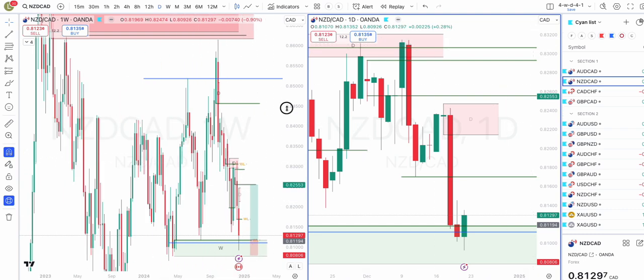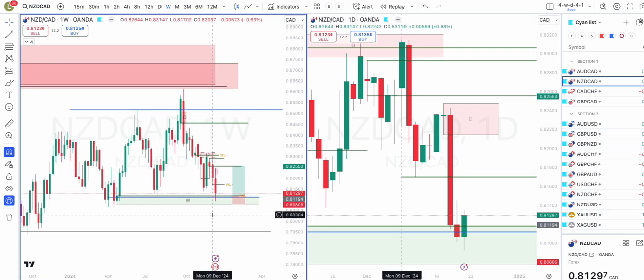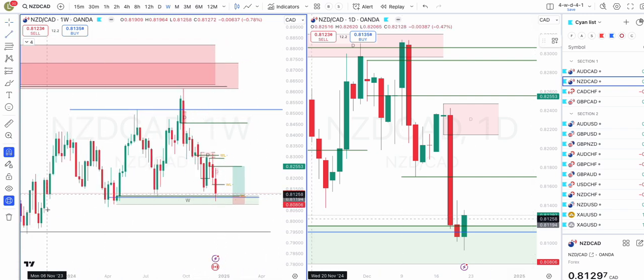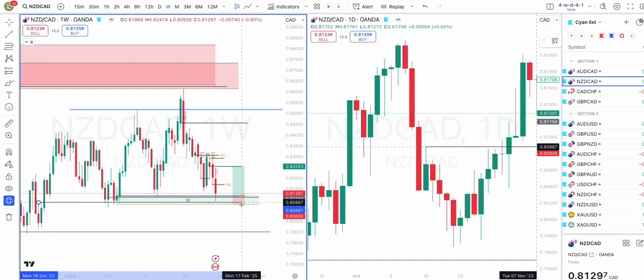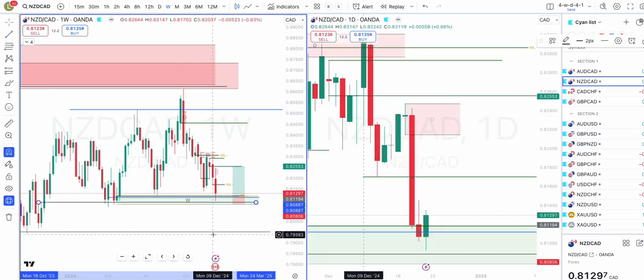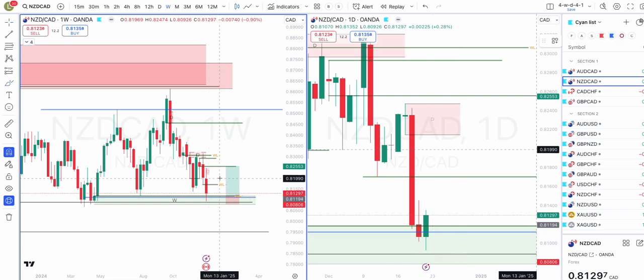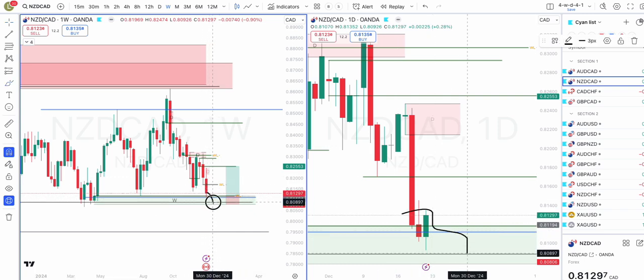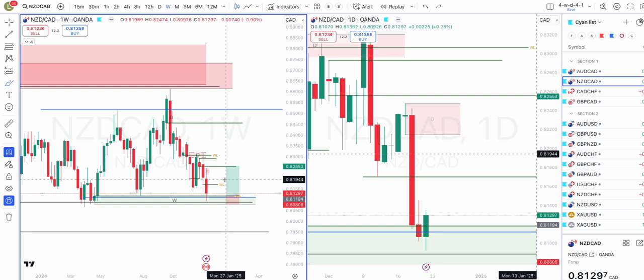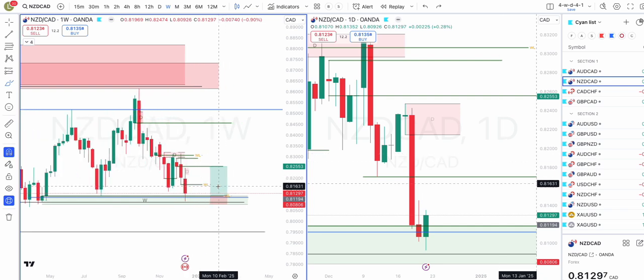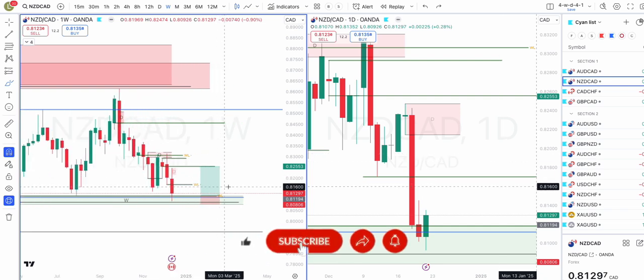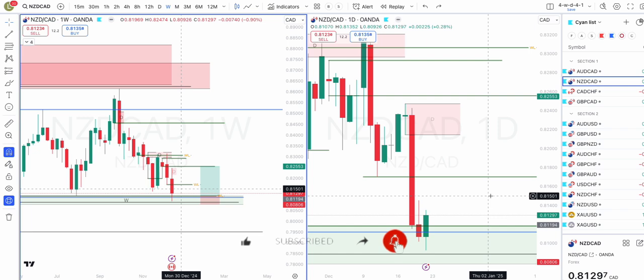Look at this weekly chart, right? So clean. And look at this, right? So if there is some pullback here, I can expect it can bounce from here. At least that's what I'm thinking. So rather than shorting, I would rather go long, right?